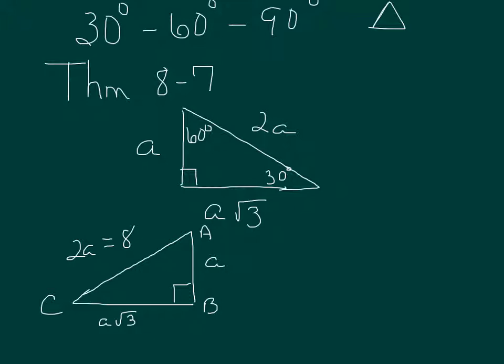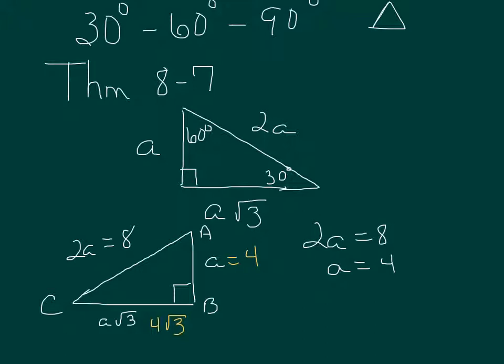Since 2A equals 8, 8 divided by 2 is 4, so the shorter leg would be 4, and then the longer leg would be 4 times the square root of 3. Good. CB then, if A is 4, CB is going to be 4 times the square root of 3. I think you'll find that this is usually pretty easy to work with if you keep your ratios, besides what those sides need to be, in mind.